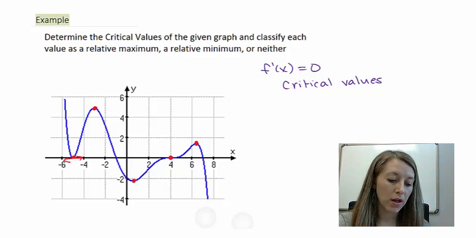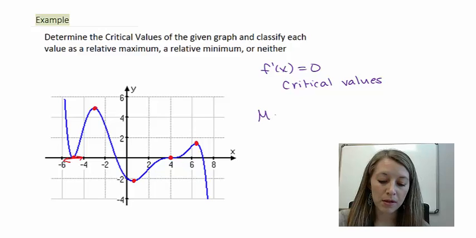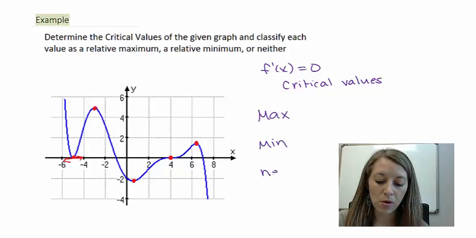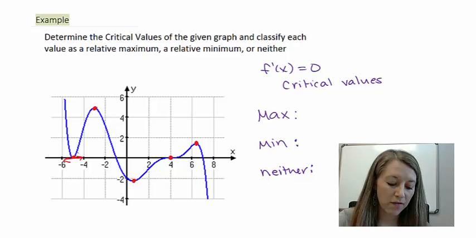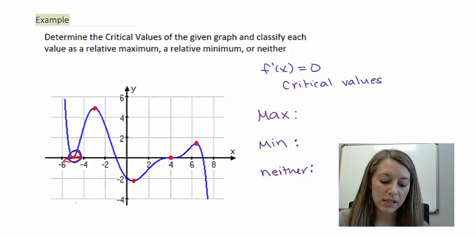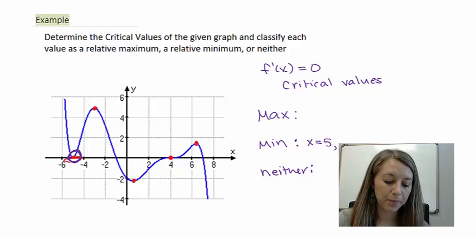Okay, so let's just split them up into whether we have maximums, whether they are minimums, or whether they are neither. So I'm going to do this from left to right. So my very first x value here looks to be -5. We see that's a low point on the graph, so that's going to be a minimum when x is equal to -5.